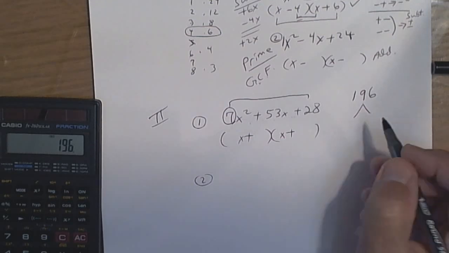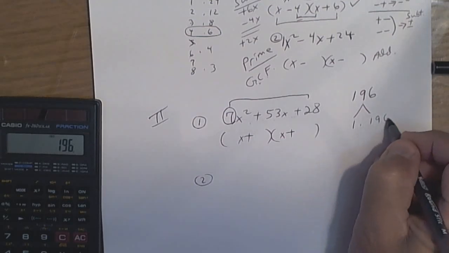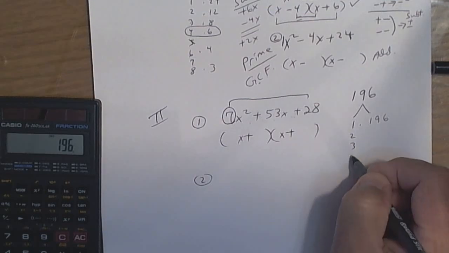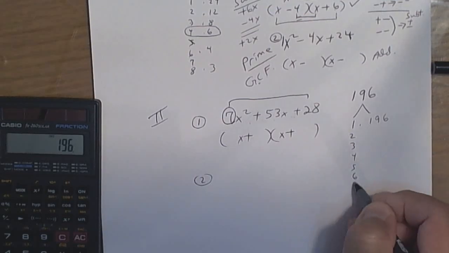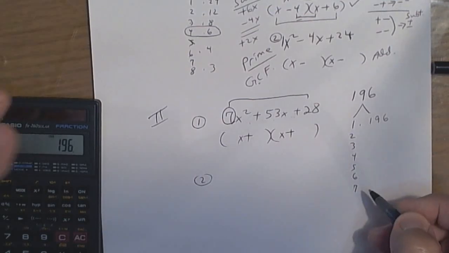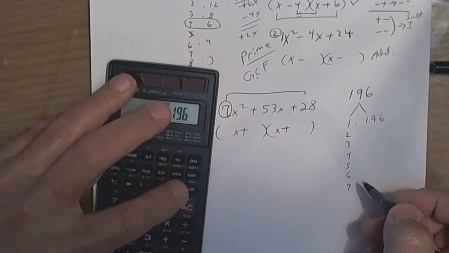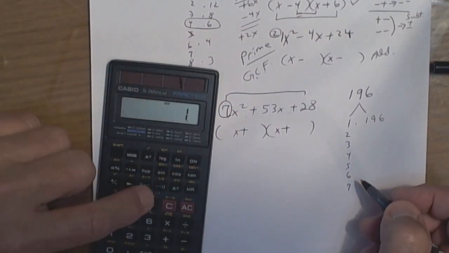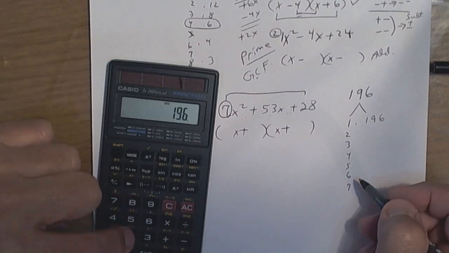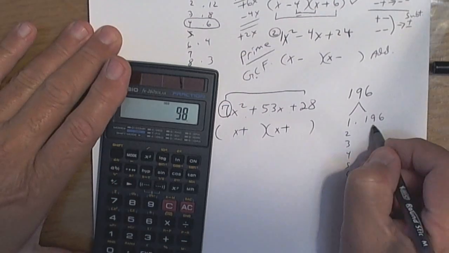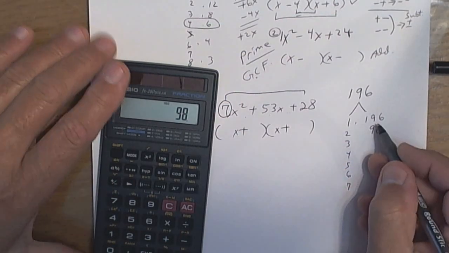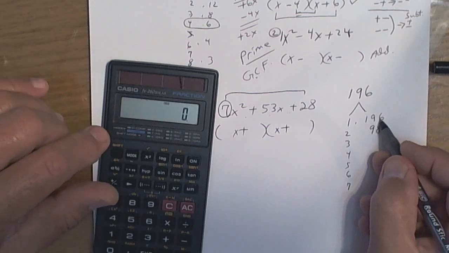So here, we're going to have 1 times 196, 2, 3, 4, 5, 6, 7, and more if we need it. So 196 divided by 2 gives me 98. I don't know if 3 works. That's 15, 16.